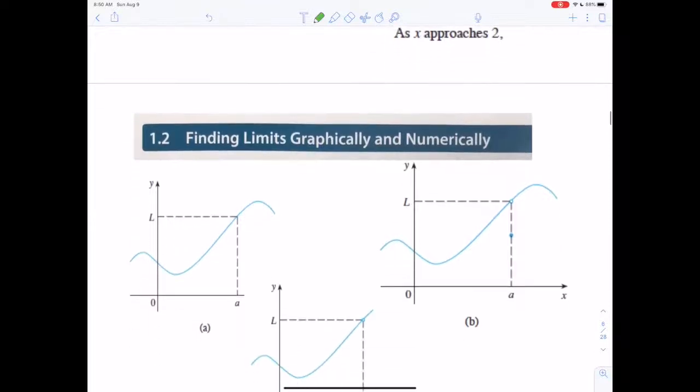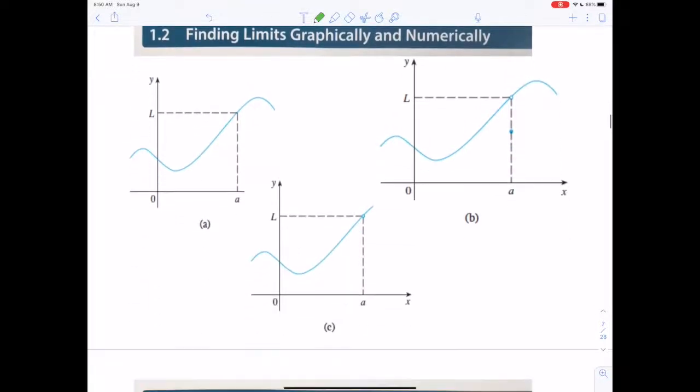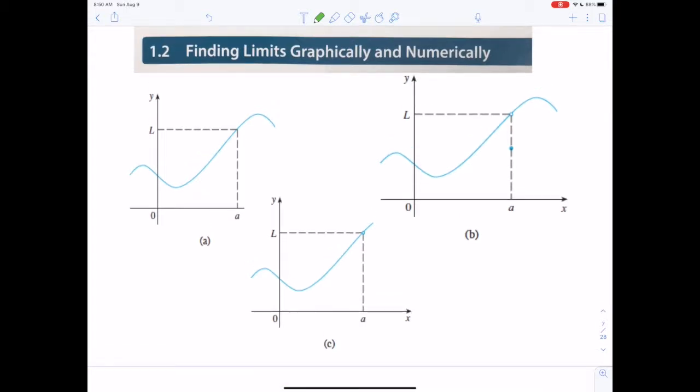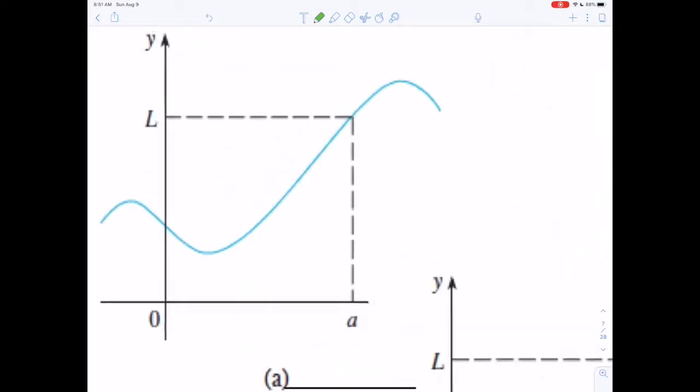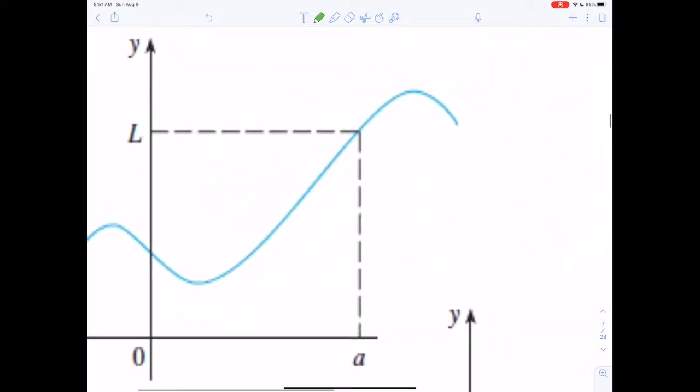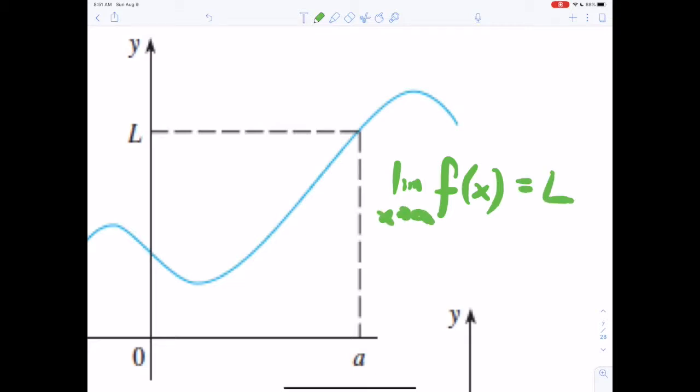So here, I want you to see these three graphs here, okay? And you could sketch these, pause if you need to right now. Okay, so here, the limit of this blue function, f of x, as x approaches a, is this L. So there, that limit exists.